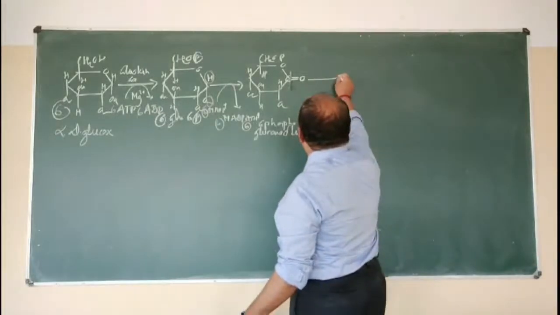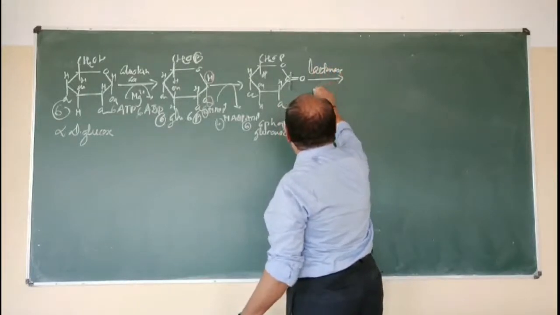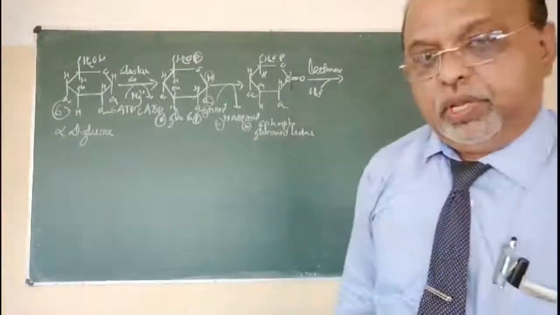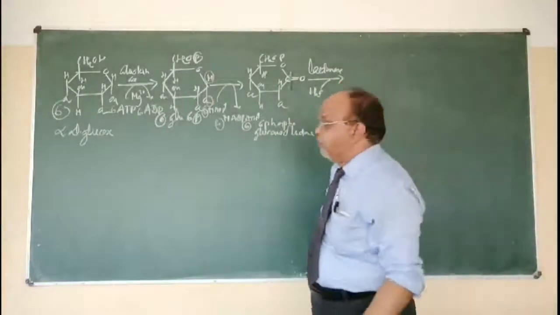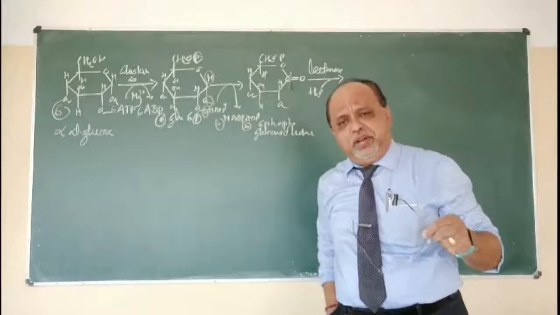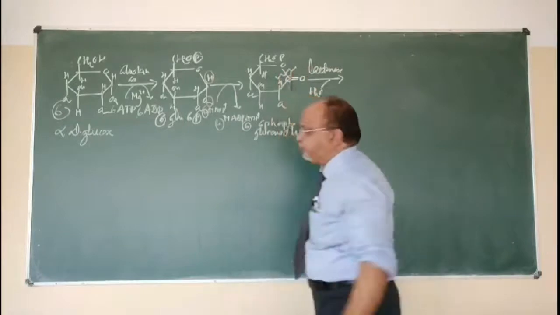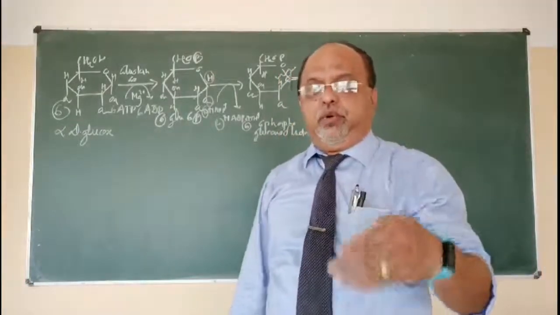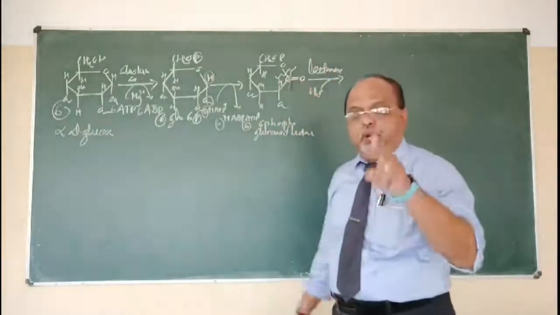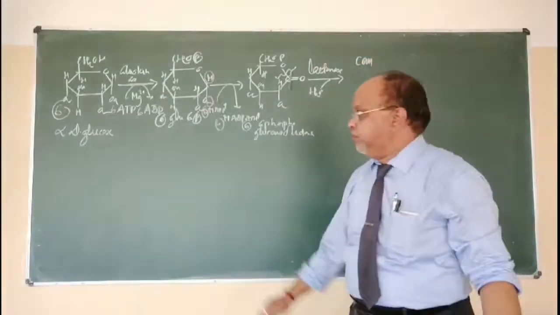Then comes the further reaction by the enzyme lactonase, which is accompanied by the splitting of a water molecule. Due to that, the ring gets opened. The H plus and OH minus ions produced after hydrolysis of water form CO and OH, then it becomes COOH, carbon number 1.